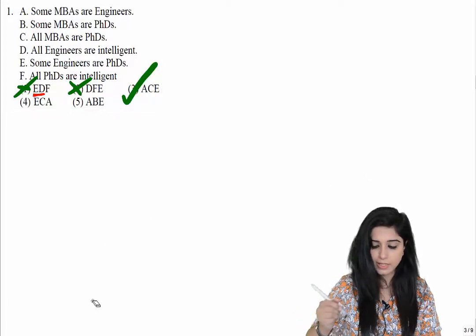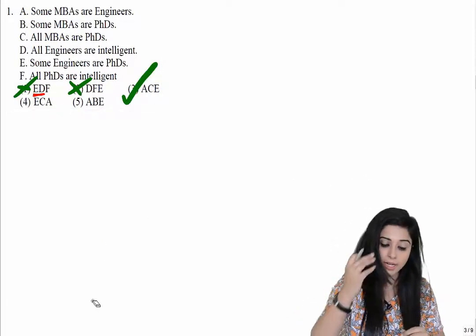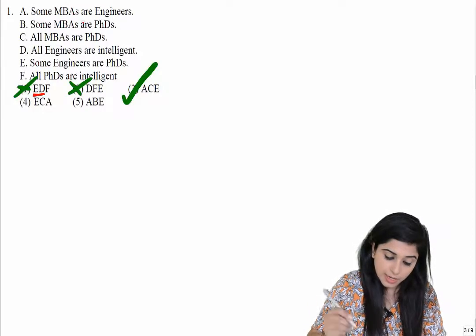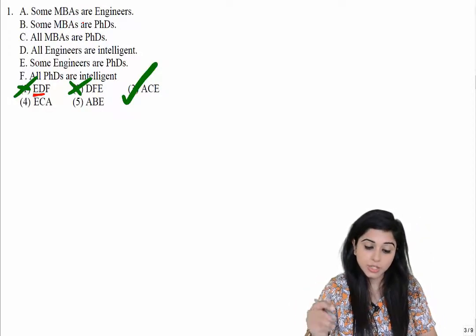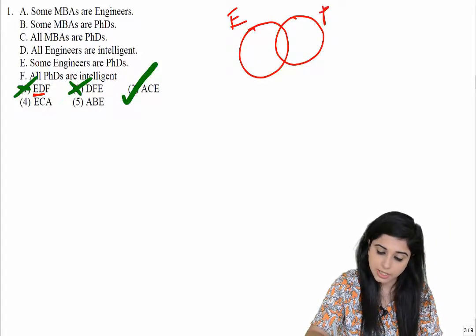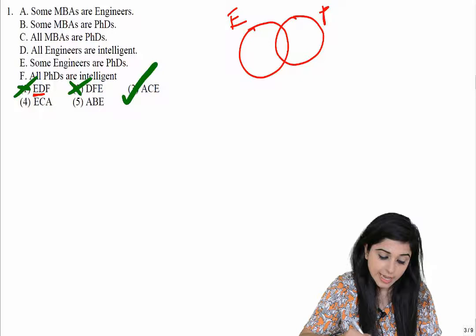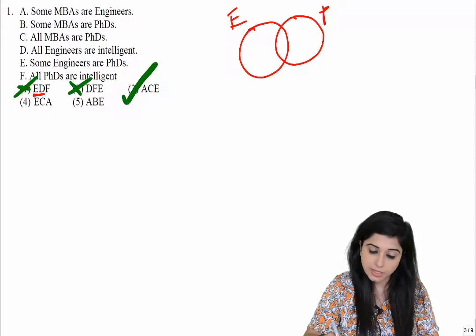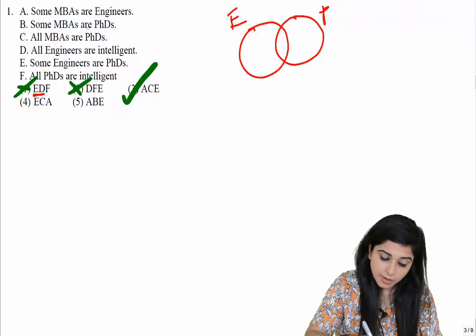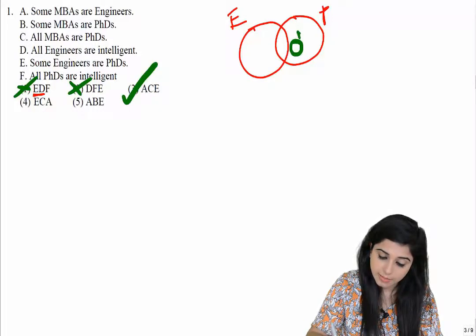So, let's look at ECA now. ECA. E says some engineers are PhDs. Some engineers are PhDs. Right? C says all MBAs are PhDs. All MBAs, MBA inside basically.